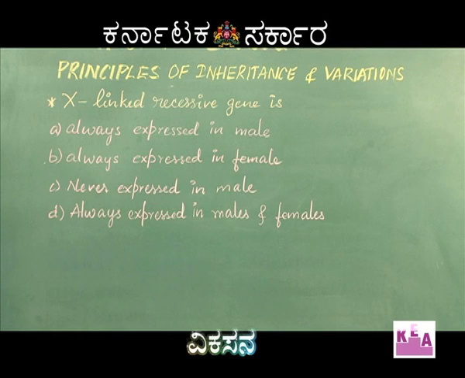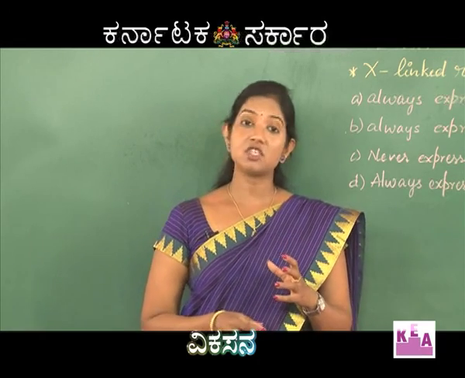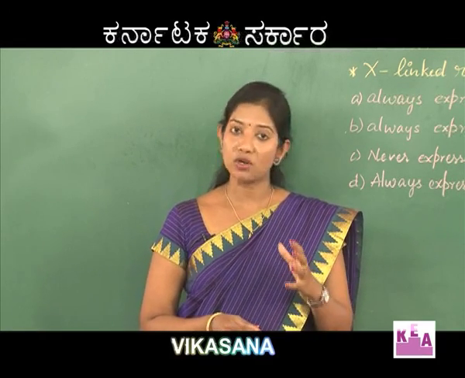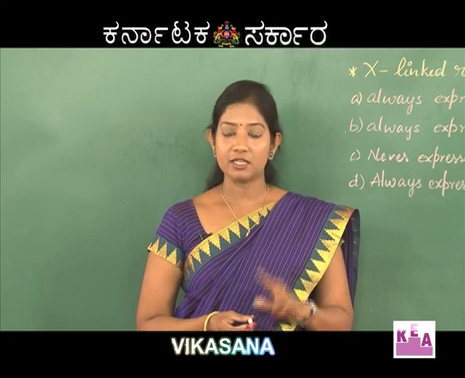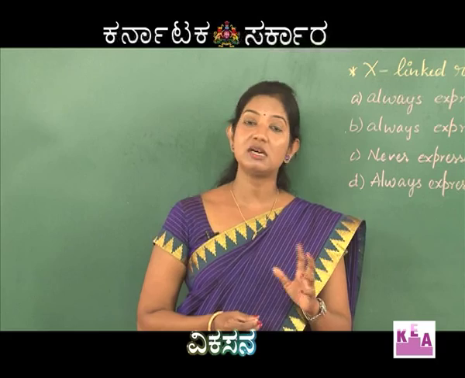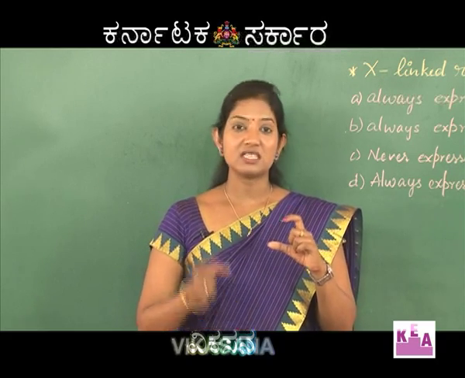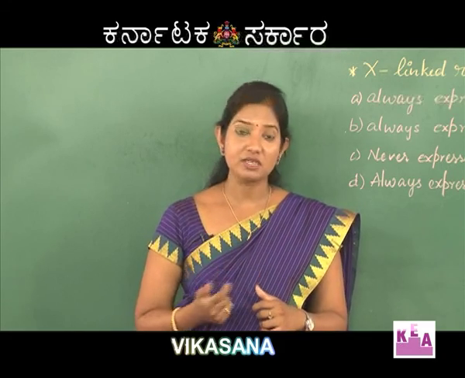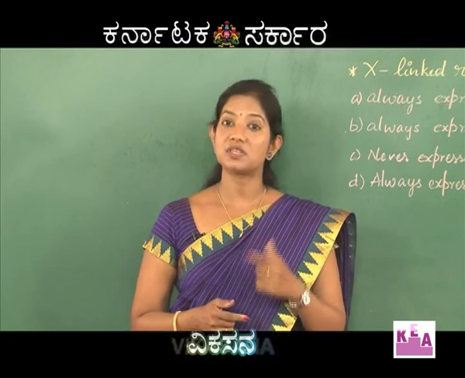X-linked recessive genes. One feature of recessive genes is that they will get expressed only if they are present in homozygous condition. That is, in the chromosome complement, both the alleles have to be recessive. If one recessive gene is accompanied by a dominant gene, then the dominant gene will suppress the recessive gene and express itself.